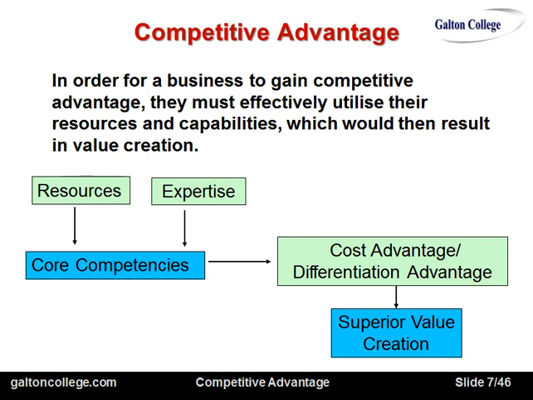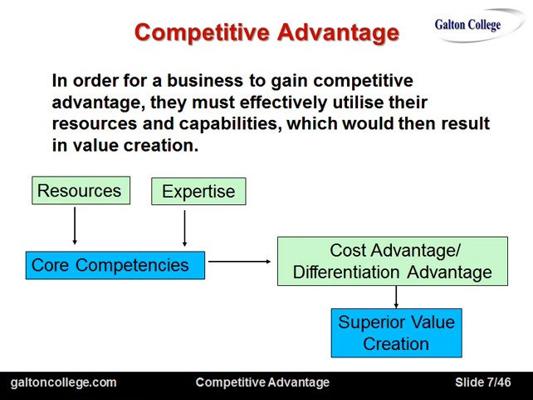So we'd have resources and expertise, and these feed into core competencies. Now, core competencies are just particular ways of making the product and carrying out the business, but they are ways in which are particularly efficient. They're the core competencies. These are what the business is particularly good at.